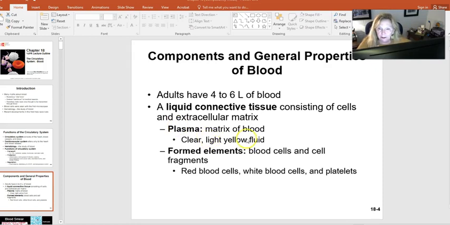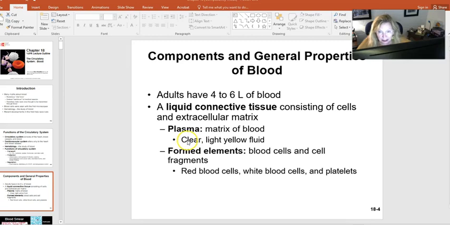So when we think about that it's a liquid tissue, if we were to spin blood down, take blood into a vial and spin it down using centrifugal force, the cells would go to the bottom of the tube, and what would be at the top would be the liquid part, the extracellular substance, the extracellular matrix, which in blood is called plasma.